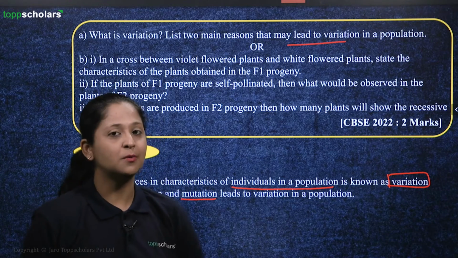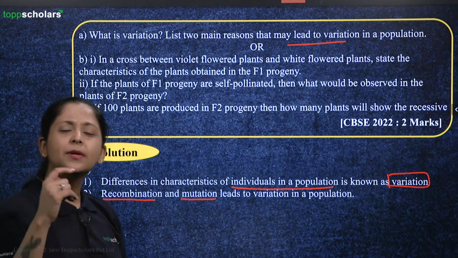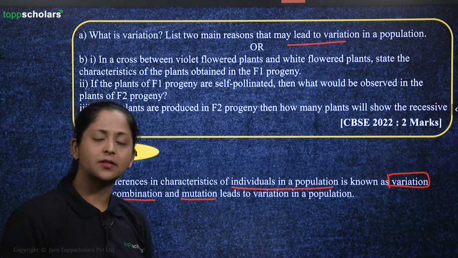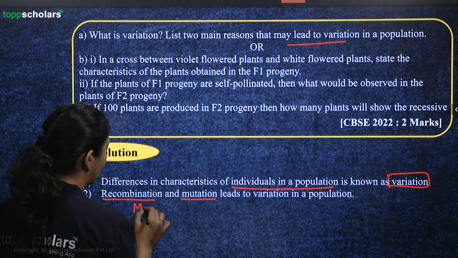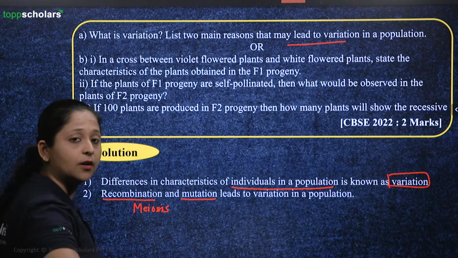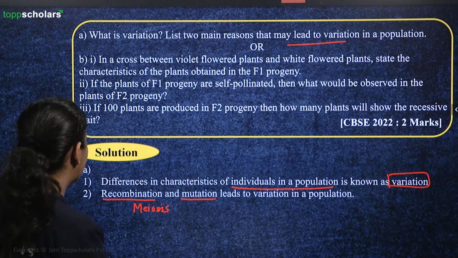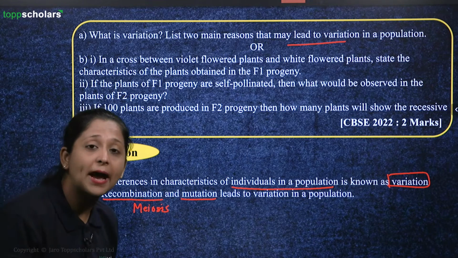Just two important terms that you need to understand here, children. First is recombination. You must have learnt about the recombination process which happens during meiotic cell division. Whenever your gametes are produced during meiosis, there is a step where crossing over will happen, giving you recombined DNA.